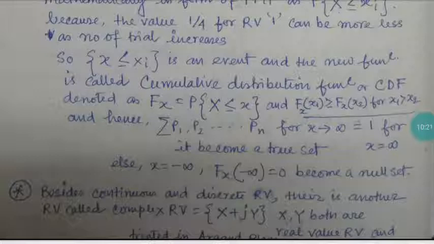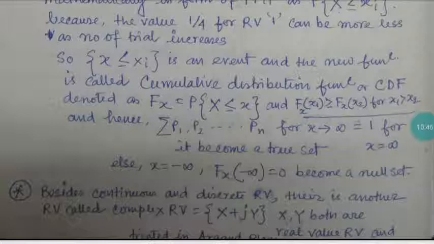In this way one CDF is one cumulative distribution function, where we consider each and every discrete case as interrelated. We call the cumulative distribution function, or CDF, denoted as F of x, which is P of capital X less than or equal to small x. And here F of x1 is greater than or equal to F of x2, which is greater than F of x3. For what reason?